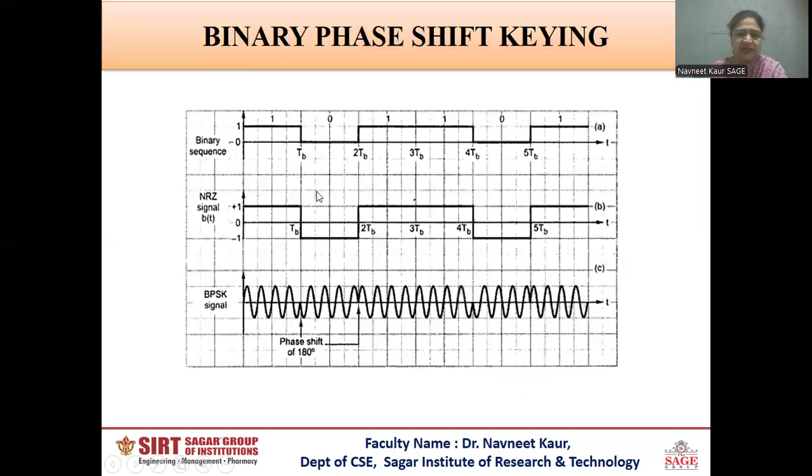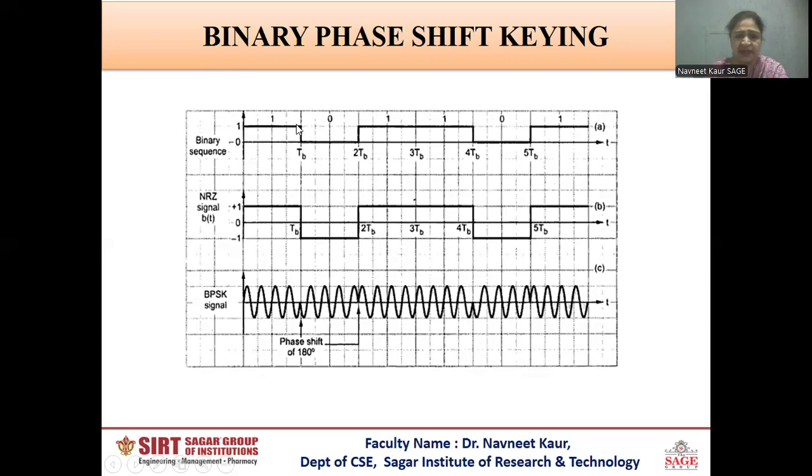Now we'll see in this diagram that say we have a digital message signal. The first waveform which we can see here is a digital message signal. Digital message signal means it is having only two voltage levels, either 1 or 0. So here I have an arbitrary binary sequence, which is my message signal.